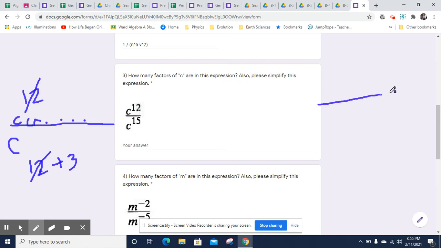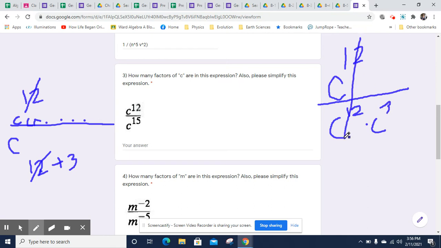So here's how I could write it maybe a little quicker. C to the 12th, and then down in the denominator, c to the 15th is the same as c to the 12th times c to the third.